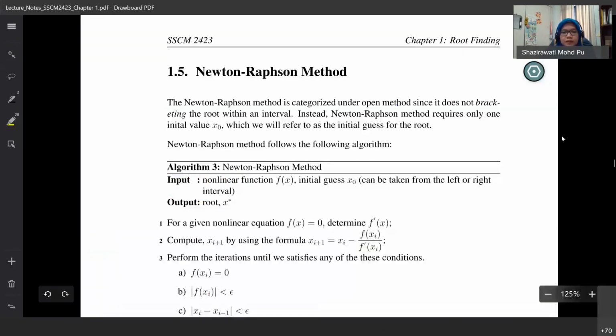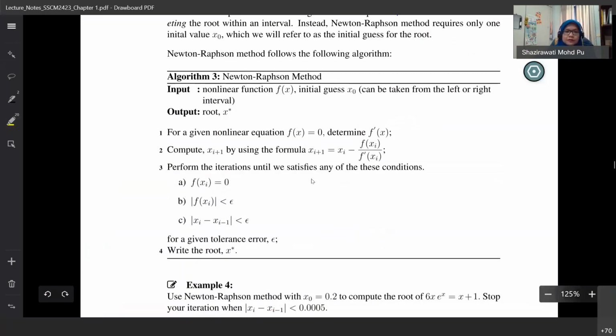Now go to the algorithm. First, of course, we need to have the function f(x). Then we need to determine f prime, because in the formula we have the derivative. So f prime is the derivative of f. A little bit of differentiation is involved here, so you should know the basic techniques of differentiation, the product rule and the quotient rule.